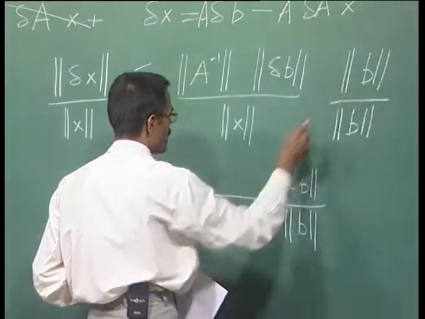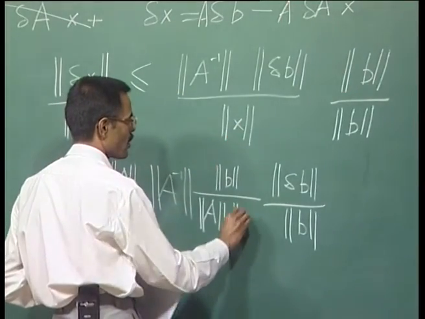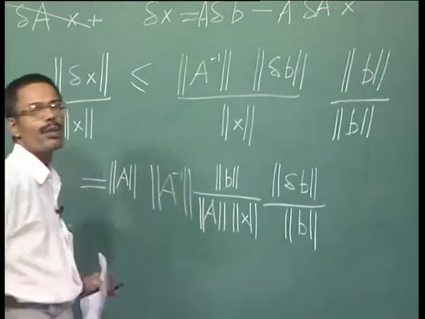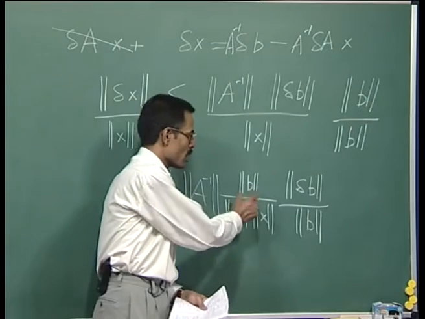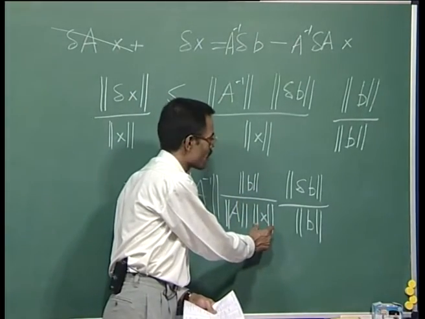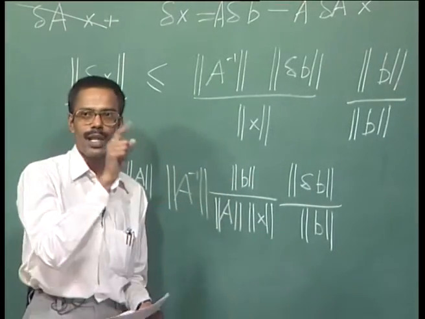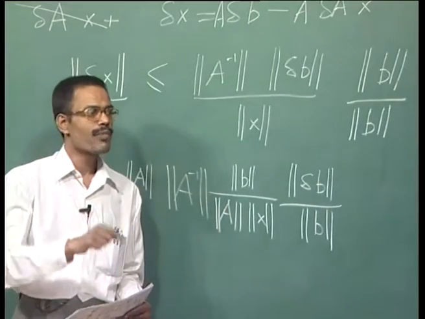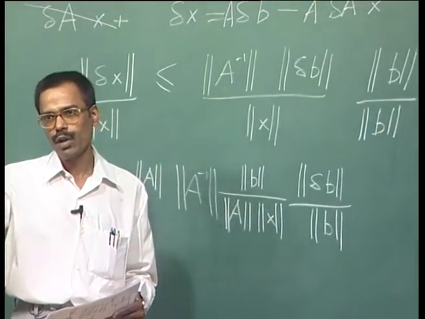This b norm here and this x norm here. Now, again remember that compared to norm of A into norm of x, norm of b will be less. That is because of that same old relationship, that is norm of Ax is less than equal to norm of A into norm of x.